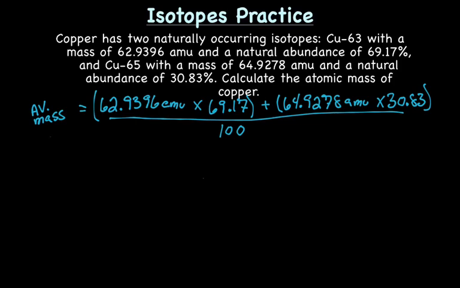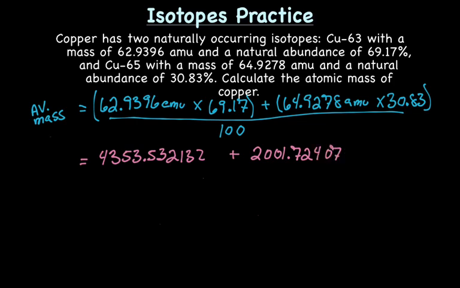All right, so putting that in our calculator, 62.9396 times 69.17, if I did this correctly, I get 4353.52, nope, 4353.532132, plus 64.9278 times 30.83, and I got 2001.724074.